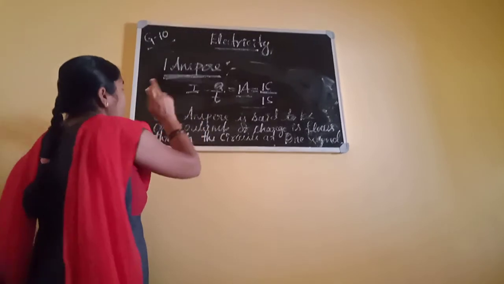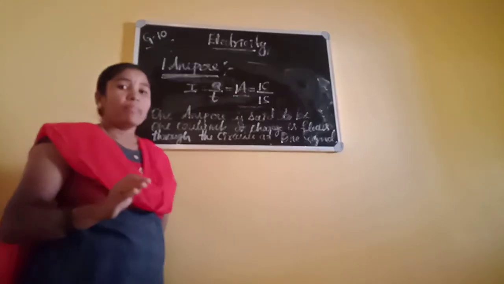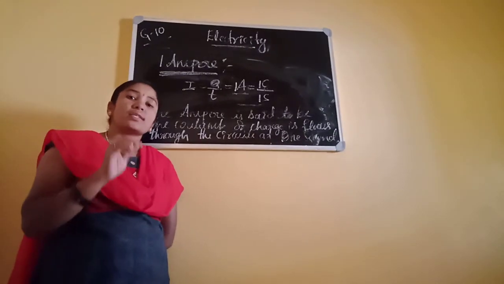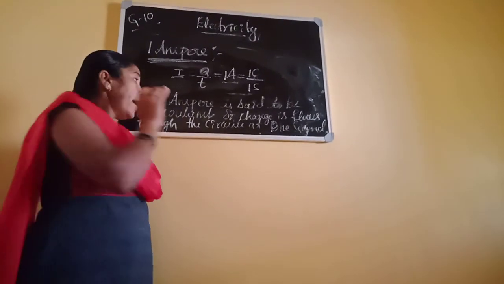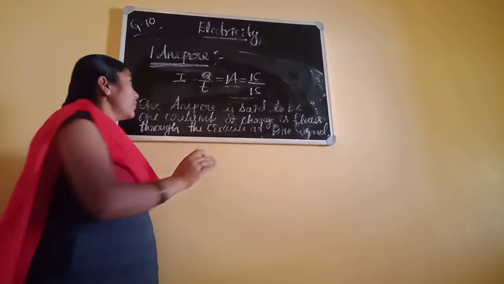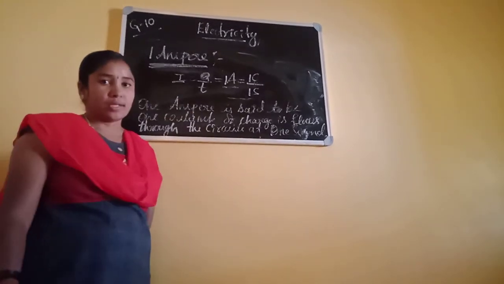Understand? 1 ampere is said to be 1 coulomb of charge flowing through the circuit or through the conductor in 1 second, that we can call 1 ampere.